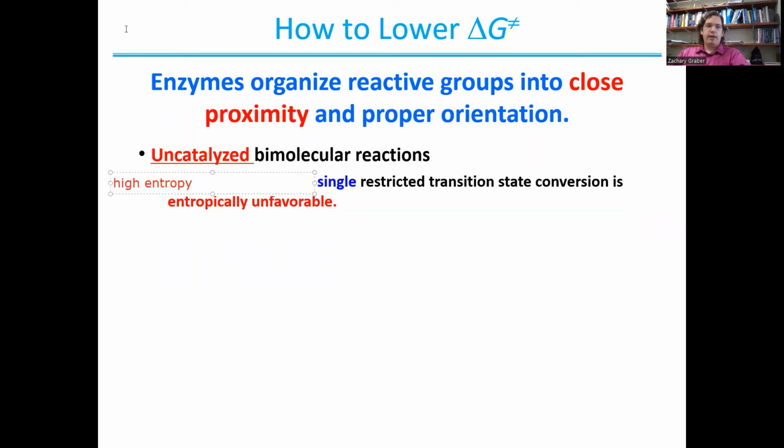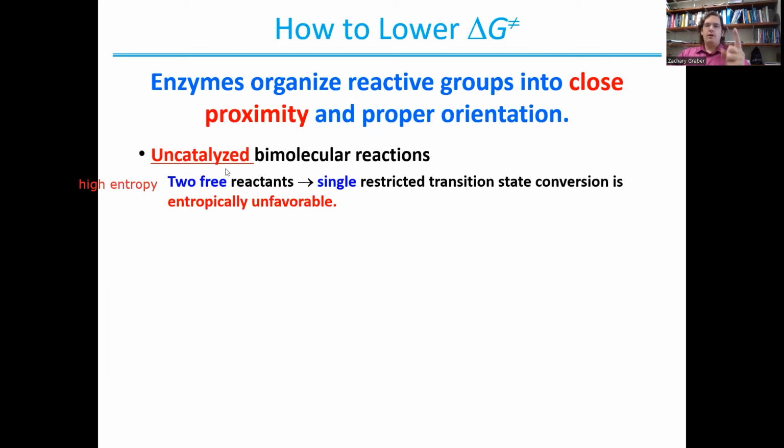So our initial reactants for an uncatalyzed reaction will generally have high entropy. When we go to form our reaction, we're going to have some sort of transition state where they're both kind of linked together. They might be covalently linked together in that intermediate, or they might just be next to each other reacting, but they're going to be in some specific orientation as they're performing that reaction, right?